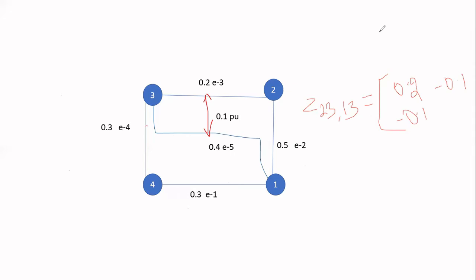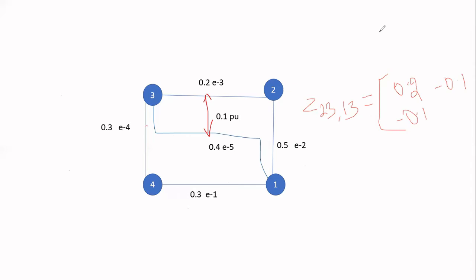Then this total term is 0. 0 into 1.42, this is also 0. Plus 0.3 plus 0.3. This is 0.6. Therefore, Z1L or ZL1 is equal to 0.6.